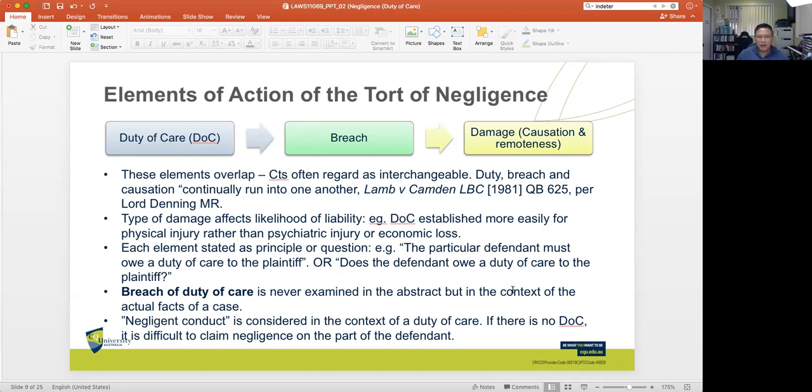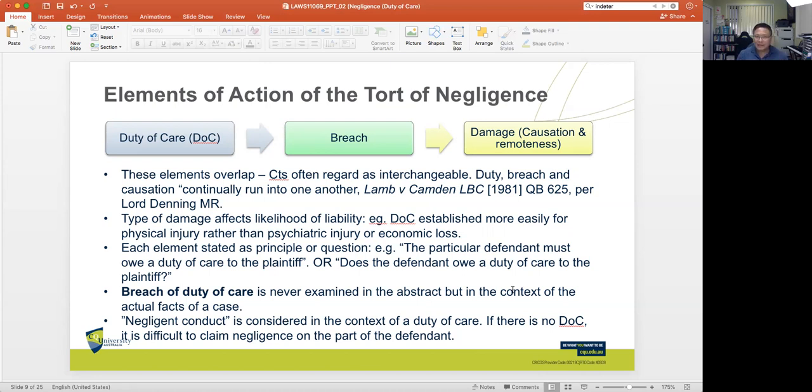We need to remember, as we look at the cases, that these elements of duty of care, breach, and damage often overlap. Sometimes they can be quite interchangeable, in the sense that you can only examine breach of a duty of care by examining what the content of the duty of care is.